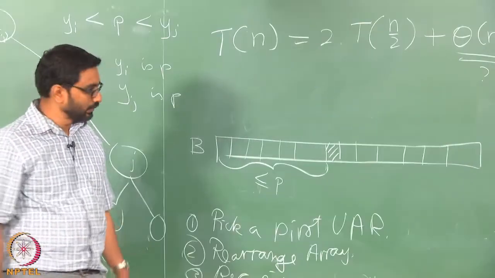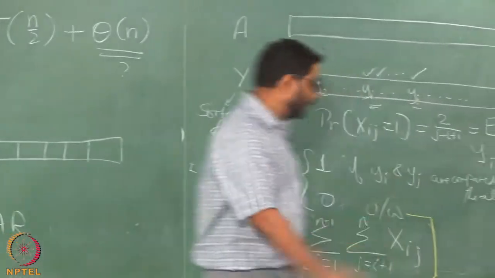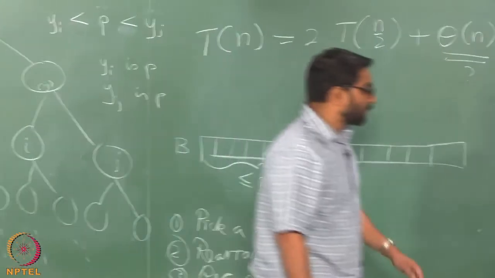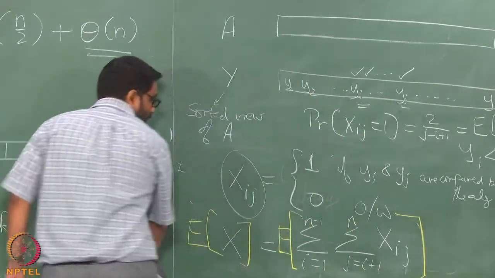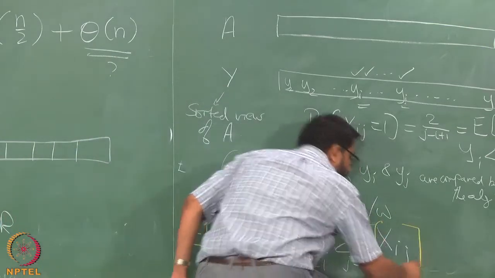The nice thing is, when it's expectations, you can apply the linearity of expectation over the sum of a number of random variables, so you can simply take the expectation inside. You can write it this way.